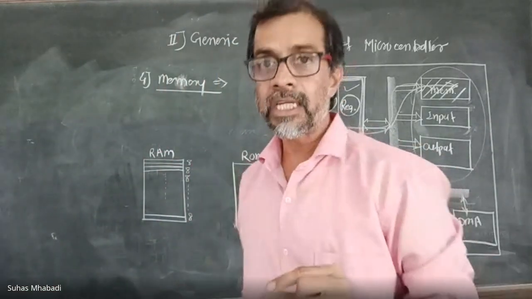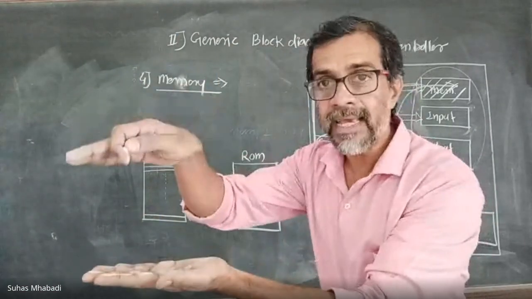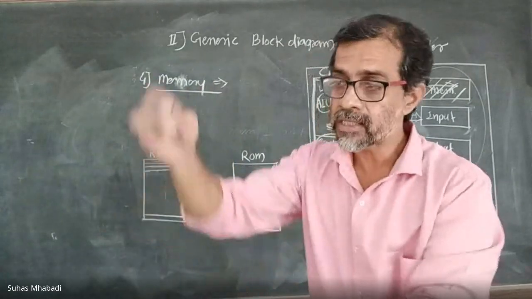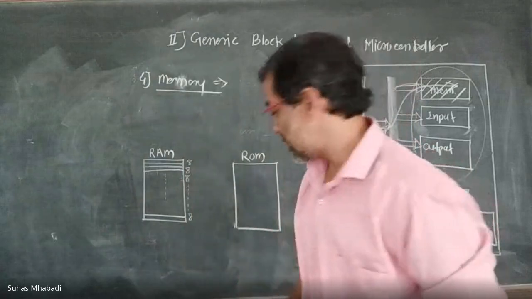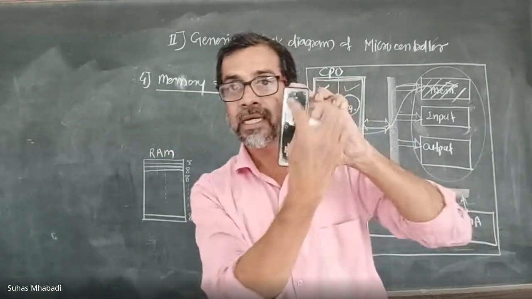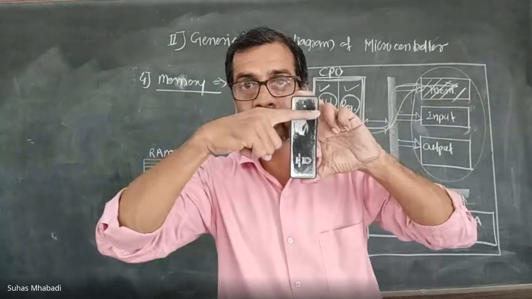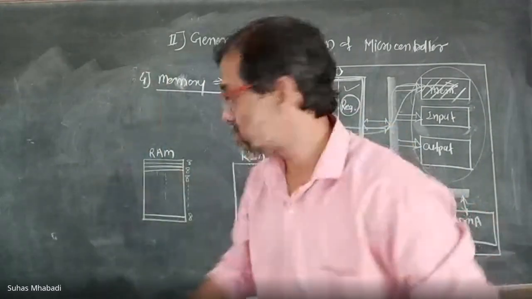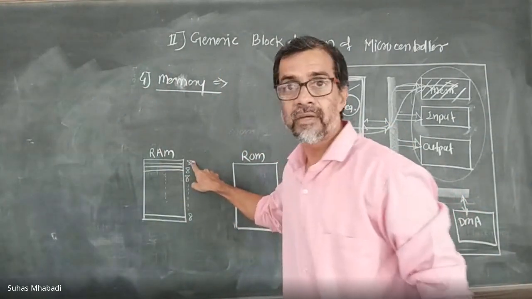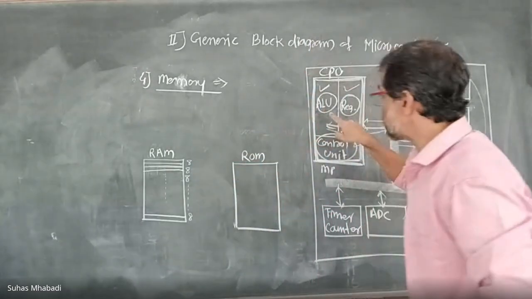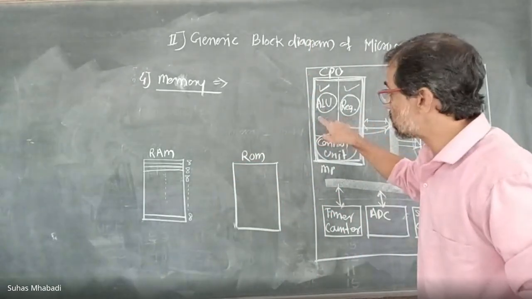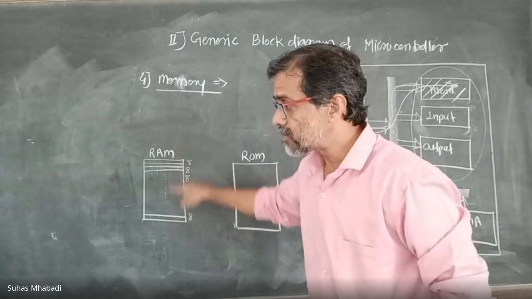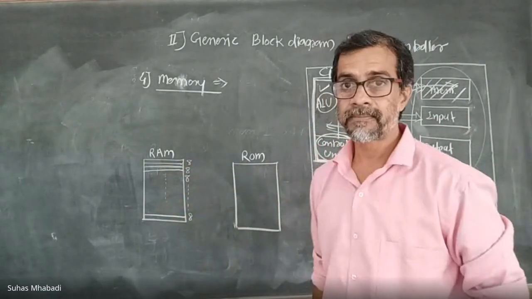So a RAM memory is what? A stack, or we can say a combination of a number of registers kept in a single IC. Suppose the IC consists of registers 1, 2, 3, 4, 5, 6, and so on, and every register consists of 8 bits. The way we have seen an 8-bit register in the ALU, similarly these are all nothing but 8-bit registers.